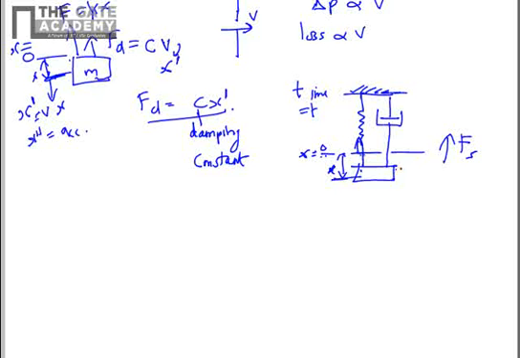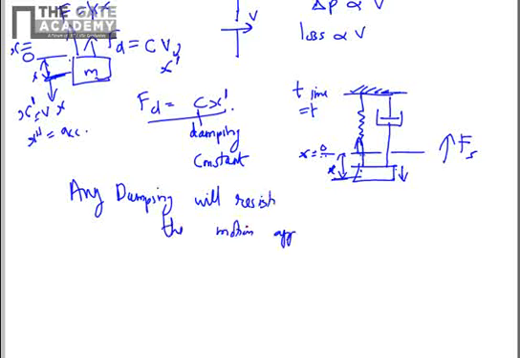At the same location we have to determine the velocity. Let's say at this instant the velocity is down, so this piston is getting pulled, and it will resist that. Any damping will resist the motion applied on it. So for determining the direction of the damping force, you should keep in mind the basic law that any damping will resist the motion applied to it.